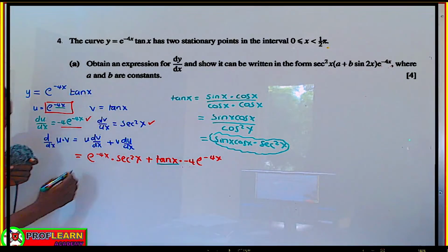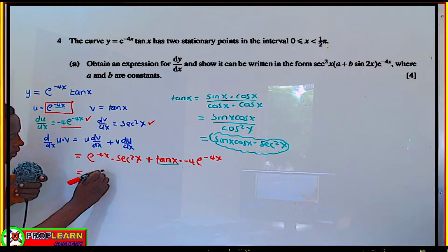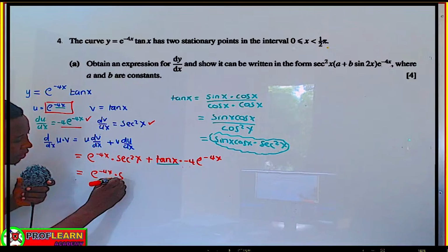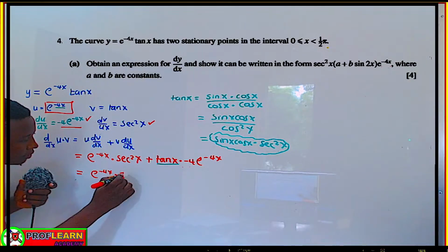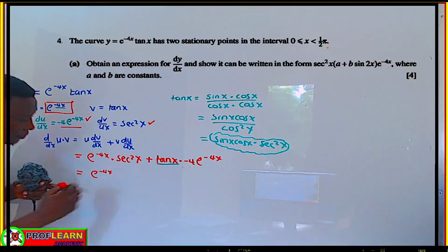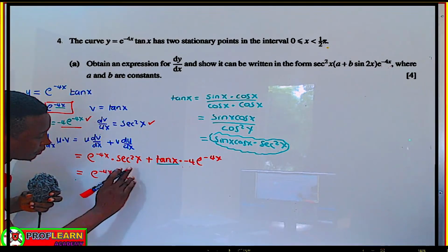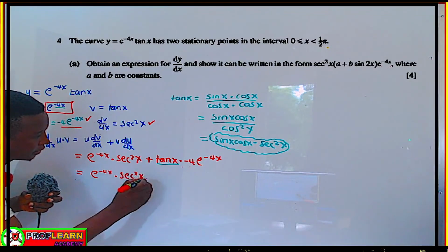I will start by saying this can be written as e to negative 4x sec squared x. I need to write this properly so that it is feasible. This is sec squared x.